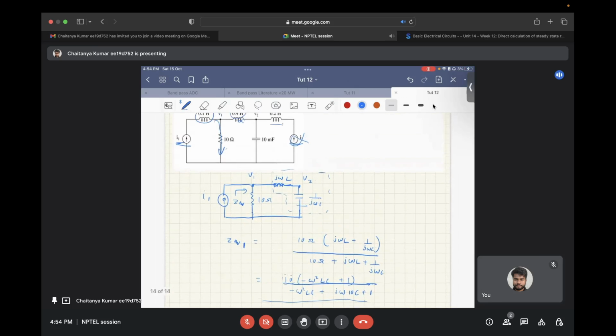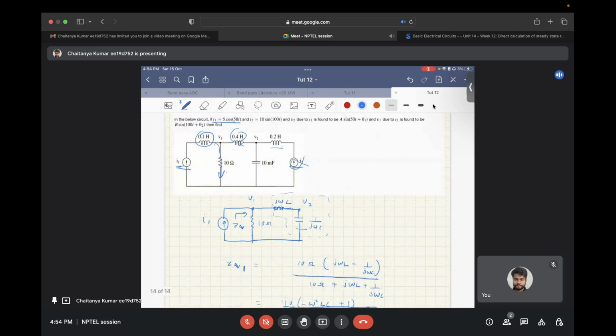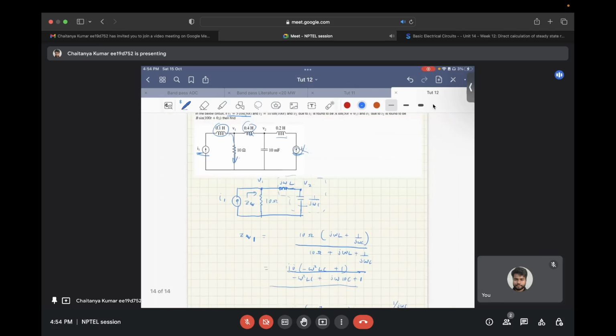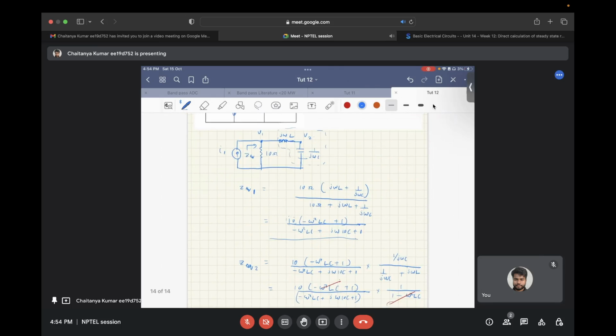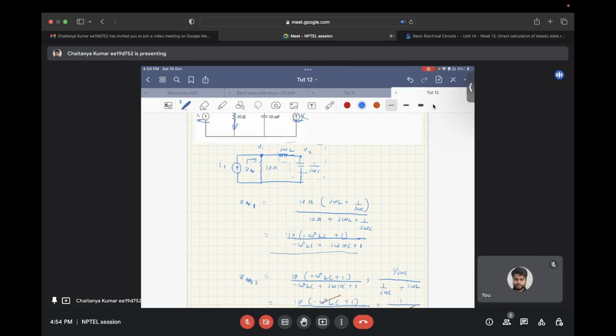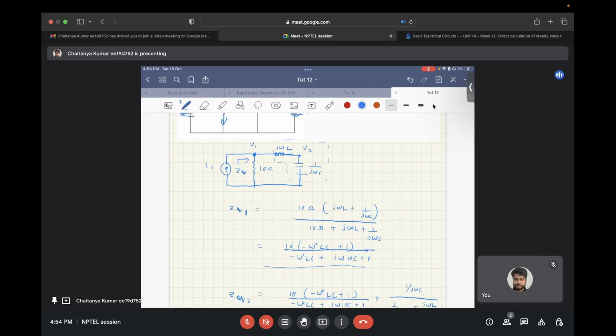Again, you can do the sanity check. For omega equal to 0, that is very low frequencies, the impedance looking in from here is 10 ohms, so the voltage developed will be 10 into I1, and since at omega equal to 0 your inductance is a short circuit, all the voltage will come at V2 also.